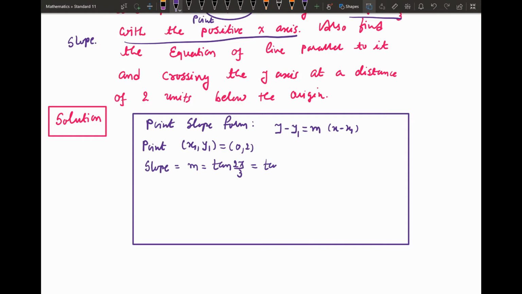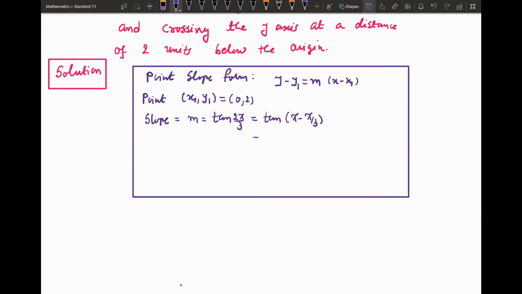So this is tan of pi minus pi by 3. Because of pi, the function will remain unchanged, tan pi by 3. Pi minus is the second quadrant, where tan is negative, so the slope will be minus root 3. So the slope is there, the point is there, and using the point slope form we will get the required equation.